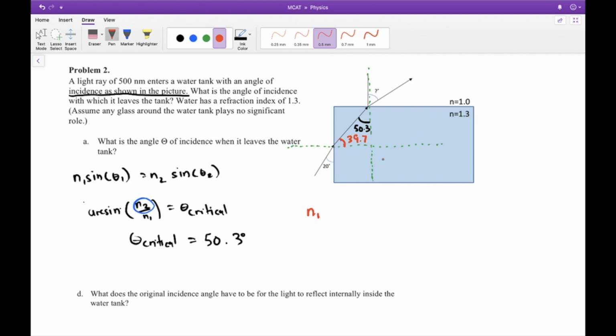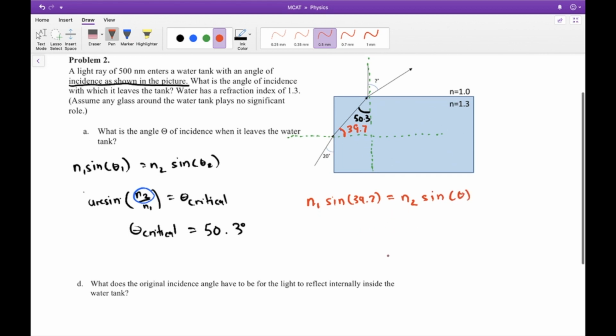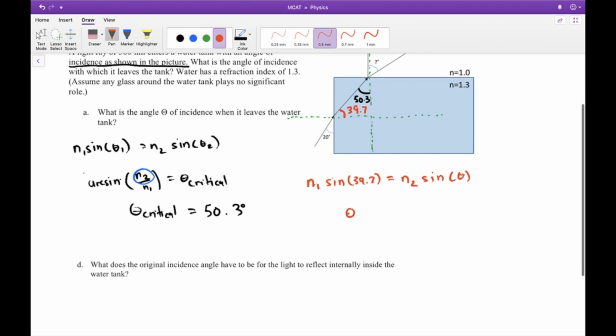In this case, n1 is going to be the inside of the water. So n1 sine of 39.7 equals n2 sine of theta 2, and theta 2 is going to equal 83 degrees, which makes perfect sense.